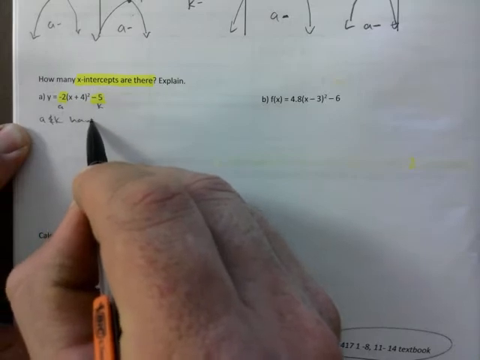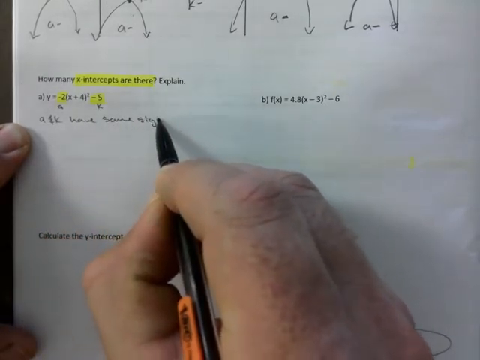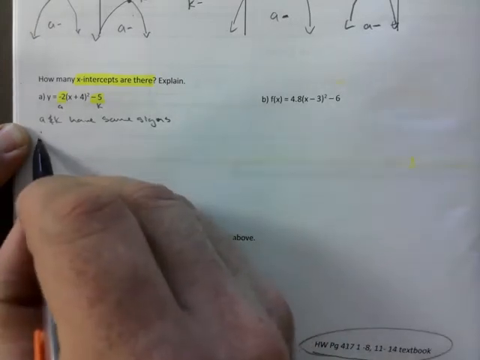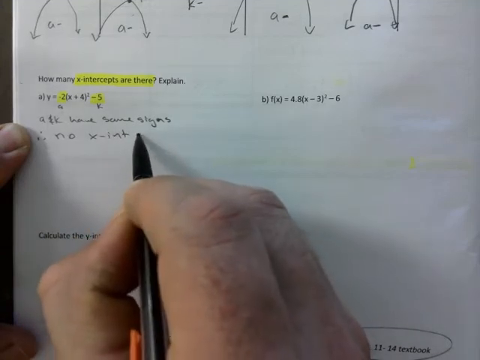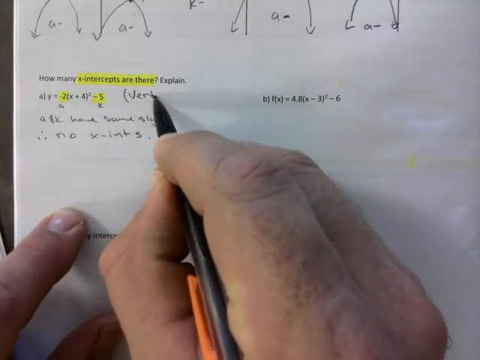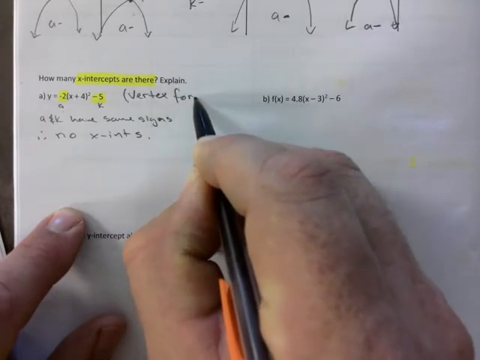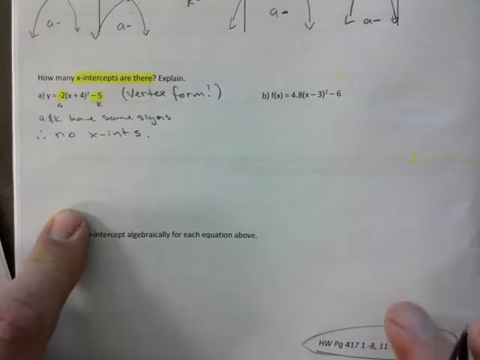So in this case, we would say A and K have the same signs, therefore no x-intercepts. Okay. First of all, you should notice that this is in vertex form, because it has brackets.